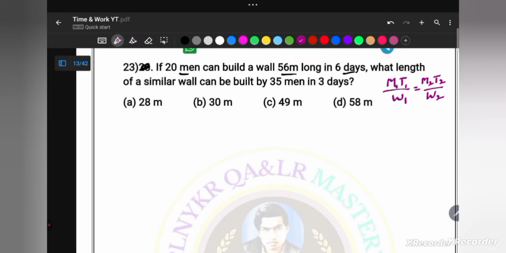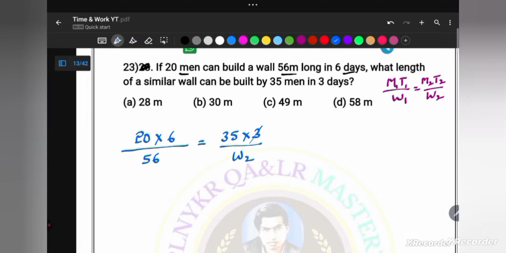Now we simply replace with the values given in the question. In the first scenario, manpower is 20 men, the time is 6 days, and the work is 56 meters length of the wall. In the second scenario, manpower is 35 working for 3 days. We need to find the length of the wall.